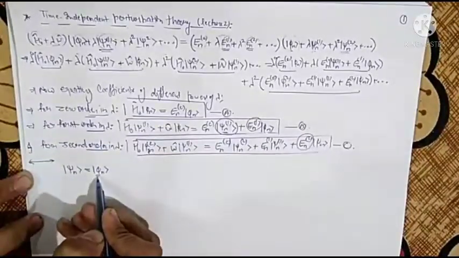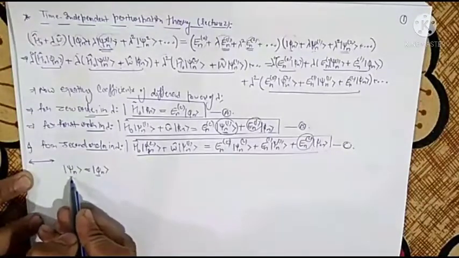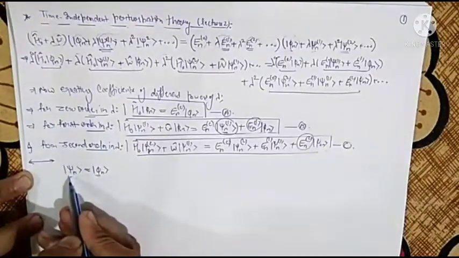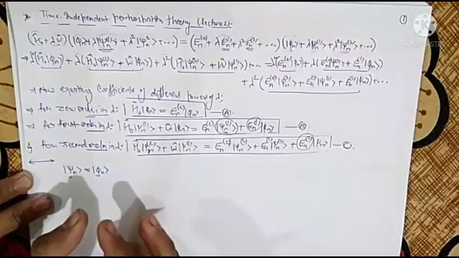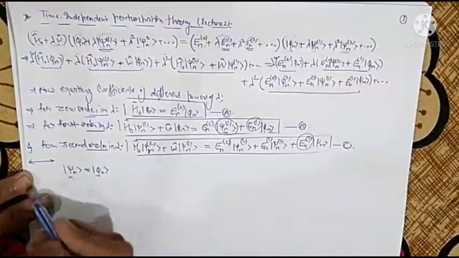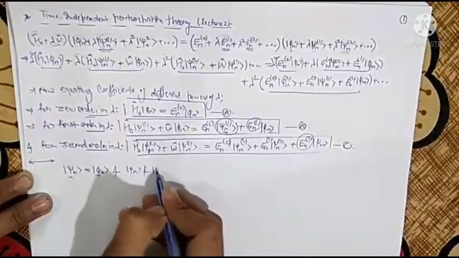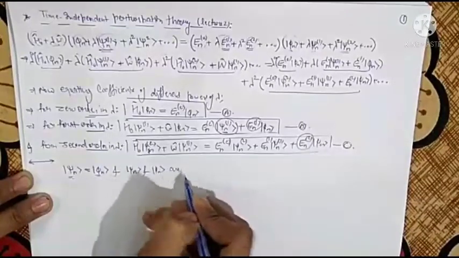So these are the states before disturbance. We assumed this in the last lecture, and these are the new states after the disturbance. Because we have assumed that the disturbance is not that huge, these two states are nearly the same, and also we are assuming that these states are normalized.